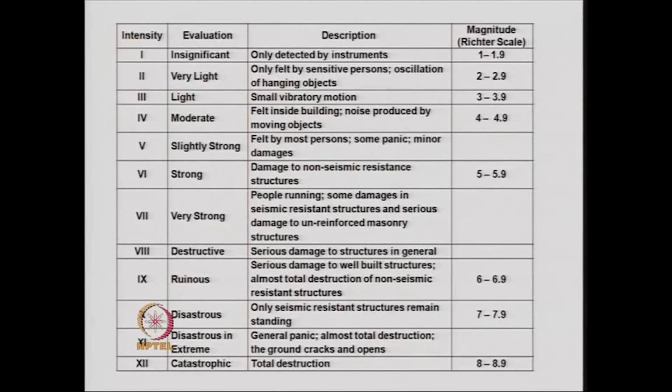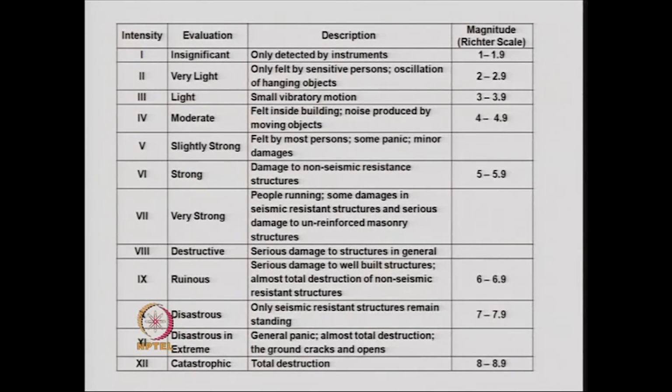Intensity 3 is evaluated as light. These are small vibratory motions. The associated magnitude is from 3 to approximately 4. Intensity 4 is evaluated as moderate. It is felt inside the building.